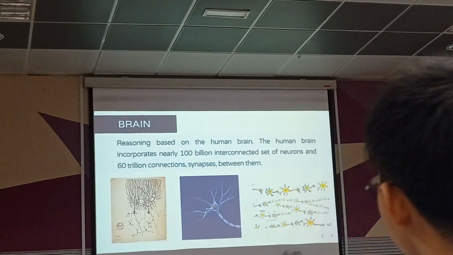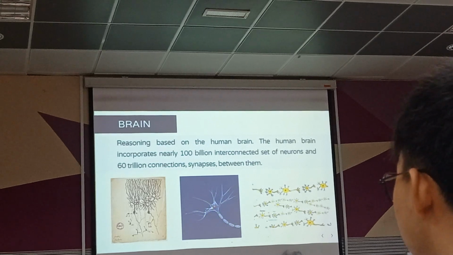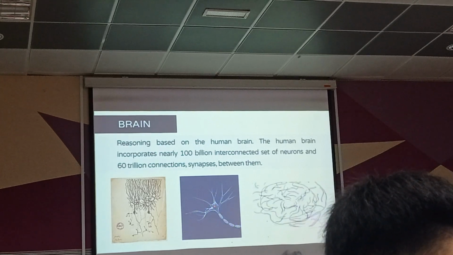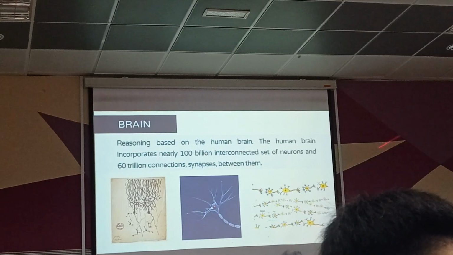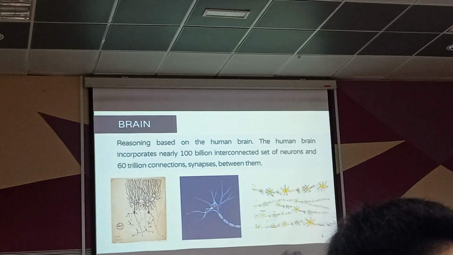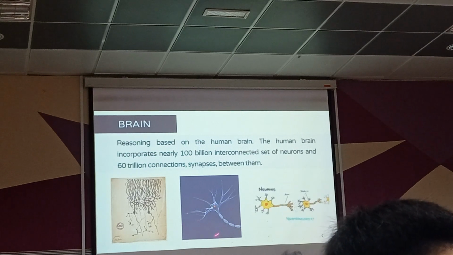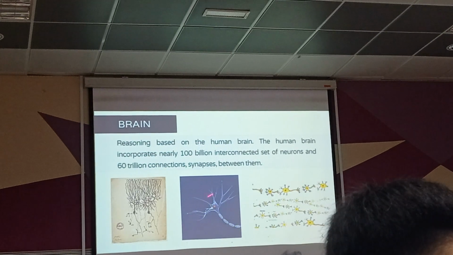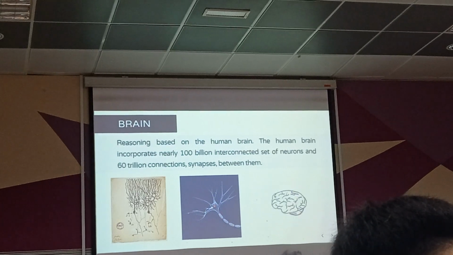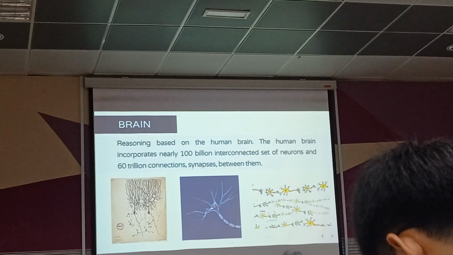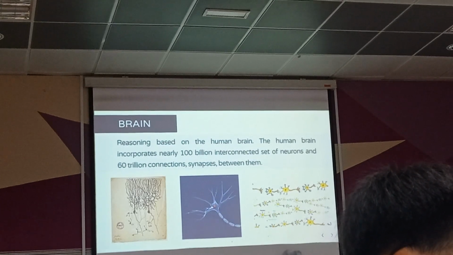He dyed the neurons using actual brain cells, and then observed them under the microscope, and this is how he drew them. Then over time, you will see that we have a better version of a neuron. So this is how a neuron looks like.